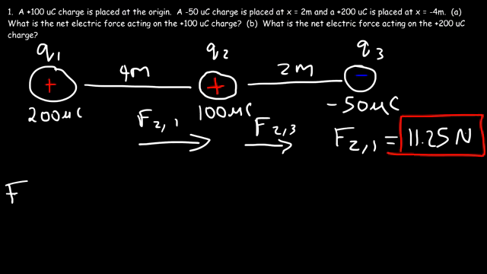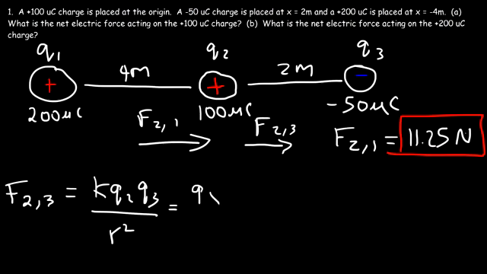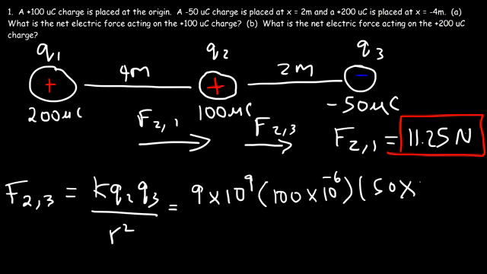Now we need to calculate the force exerted on charge 2 by charge 3. So that's going to be K Q2 times Q3 over R squared. So K is a constant. It's not going to change. It's 9 times 10 to the 9. Q2 is 100 times 10 to the minus 6, and Q3 is 50 times 10 to the negative 6.